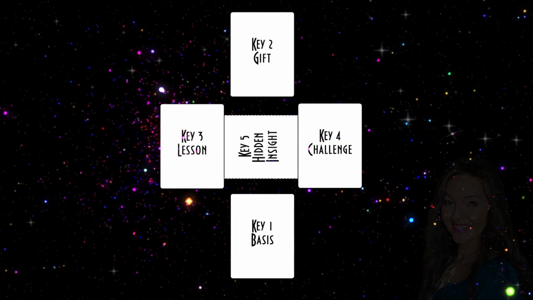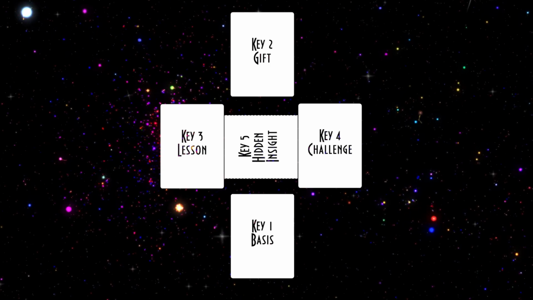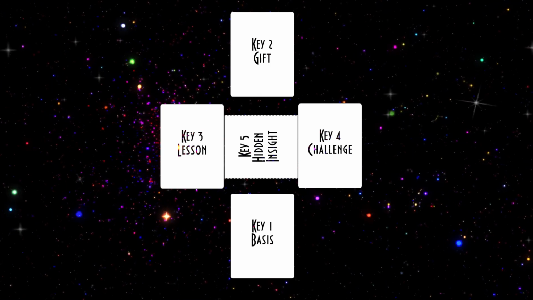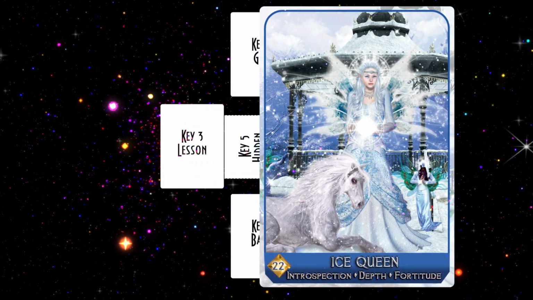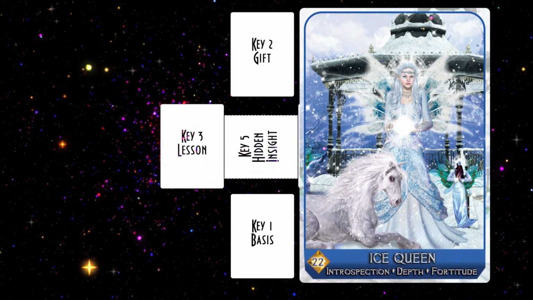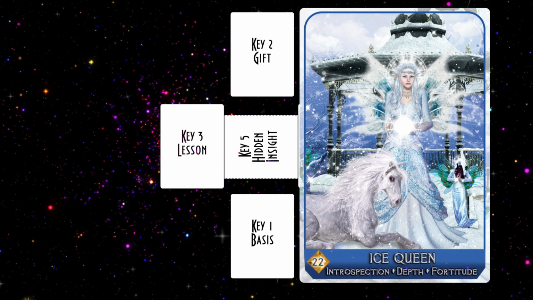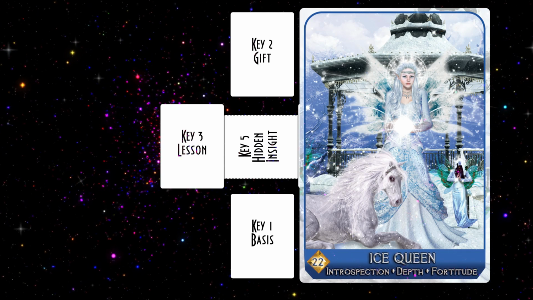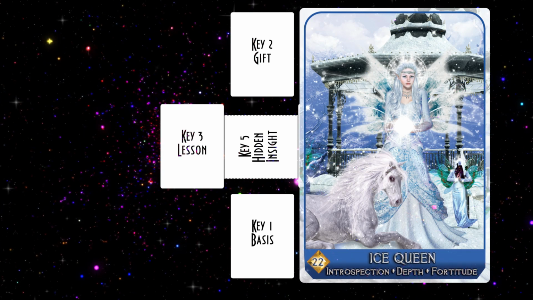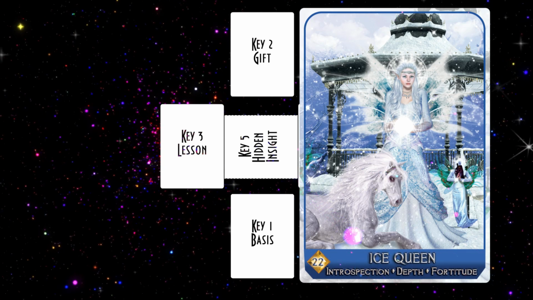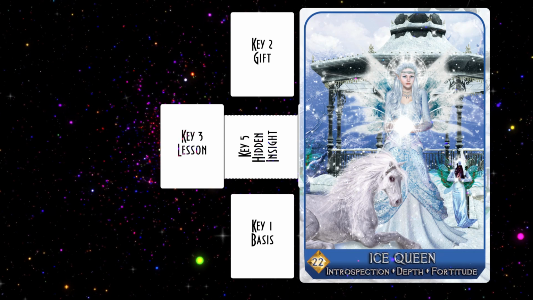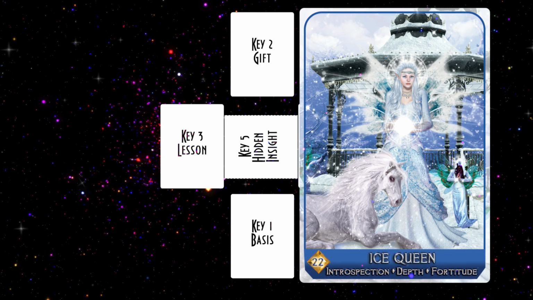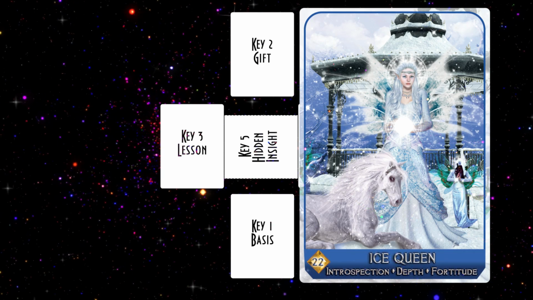All right, so the card I get here is the Ice Queen, number 22, and it is introspection, depth, and fortitude that we have. So this is the basis of the cards. This is actually really good because this is very much an inward card. Think of winter, when you're going inward and you're very introspective.